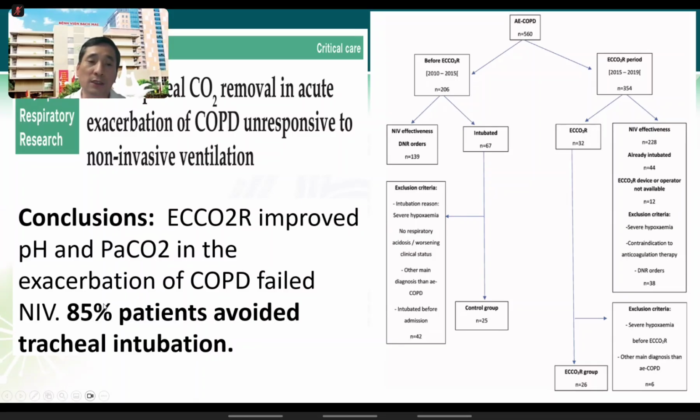But of course, these patients had failed non-invasive ventilation. That means if you do not have ECCO2R, you have to intubate the patient. I think this study is doing very well to show that ECCO2R is very effective for the patient.